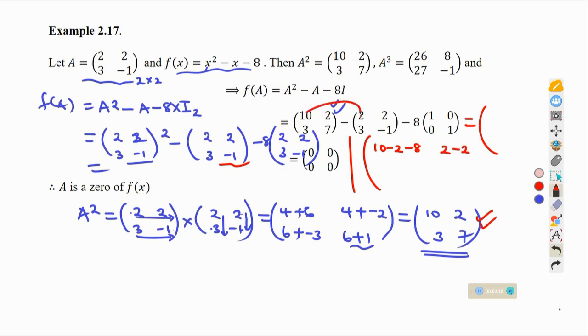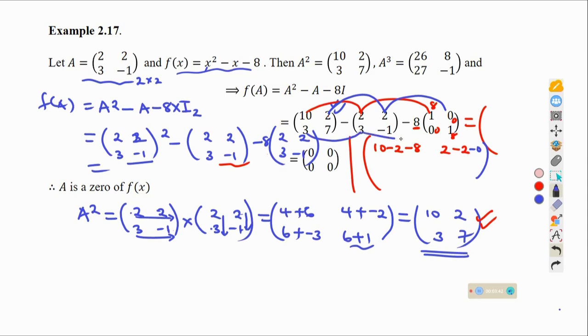This one corresponds to this, which corresponds to that. But remember, there is 8 times the identity, so it will be 8, 0, 0, 8. So you have 10 minus 2 minus 8. Then the next one will be 2 minus this 2 again minus this 0.